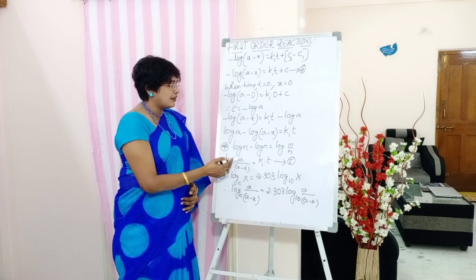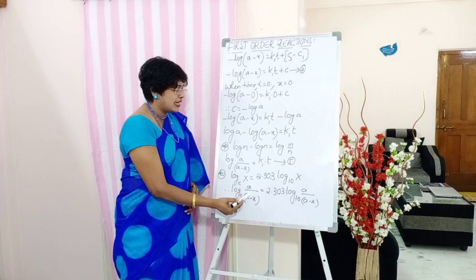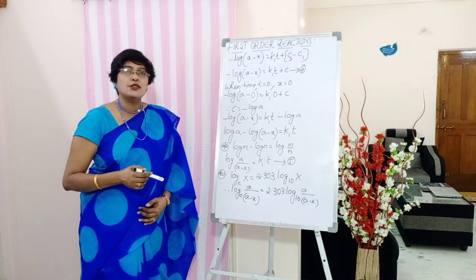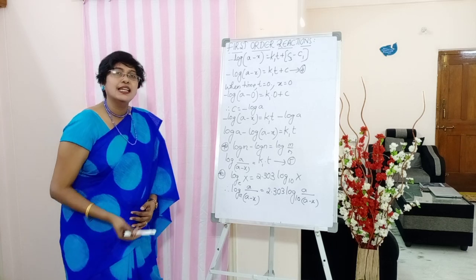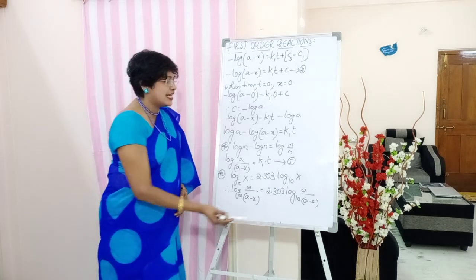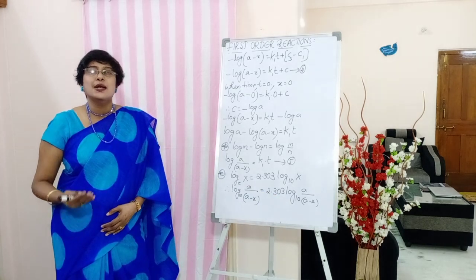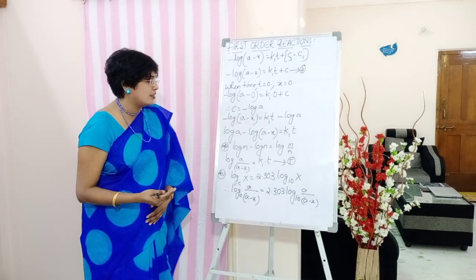Now we will apply this to our equation. Log of a by a minus x base e is equal to 2.303 into log of a by a minus x base 10. So base e can be converted into base 10 by multiplying with 2.303.